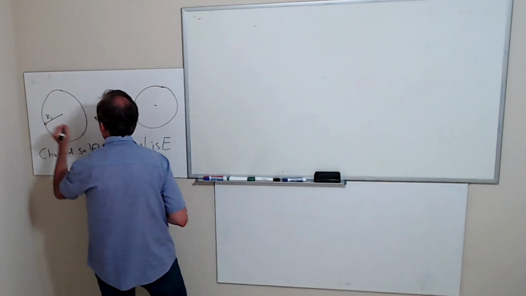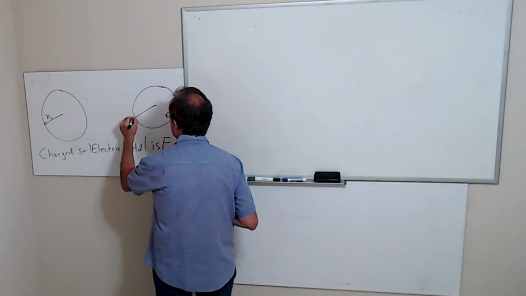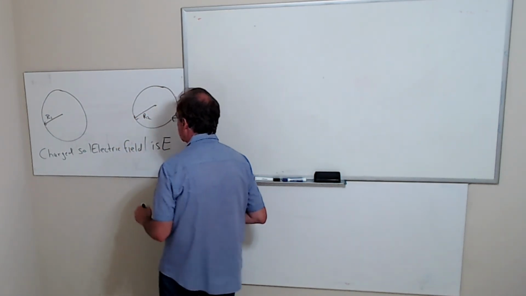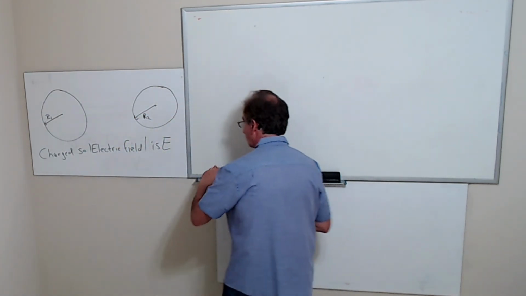So we'll call this R1. This sphere is radius R2, and you connect them with a wire.